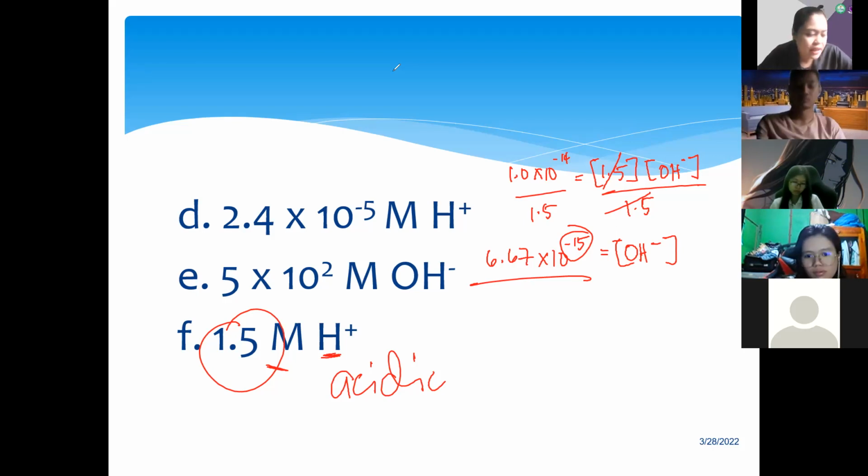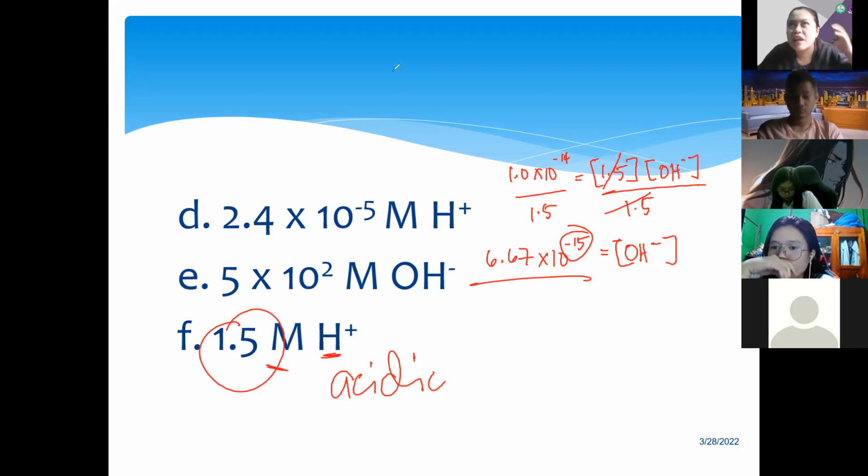But actually, in the laboratory, we have a lot of equipment or apparatus that we can use to measure the pH. The simplest one is not really measuring the specific pH, but just checking if it is acidic or basic, our litmus paper. Are you familiar with the litmus paper? The red one or the pink one and the blue one.